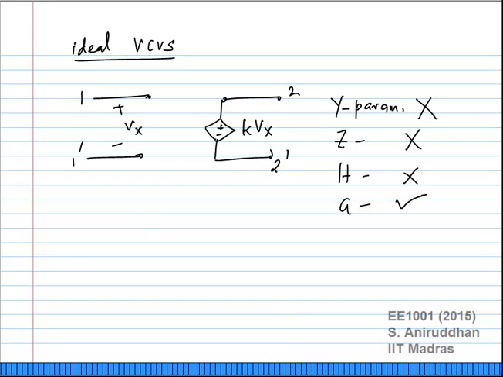So what are the G parameters? Tell me what will be the G parameters of this ideal voltage controlled voltage source. Calculate it out.